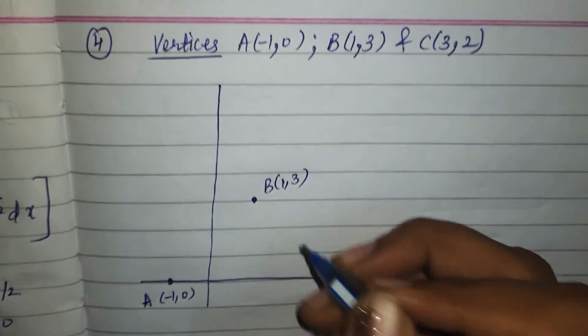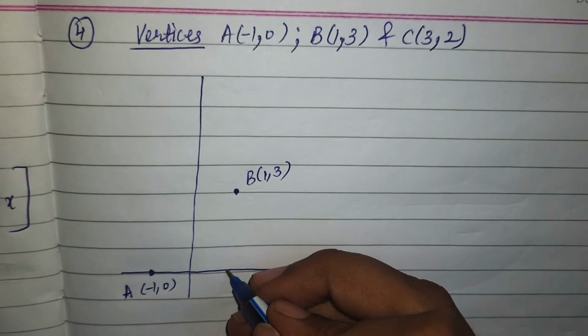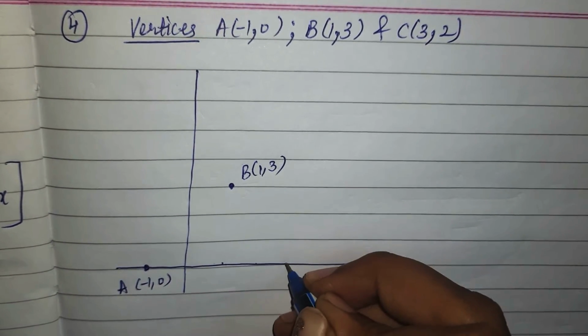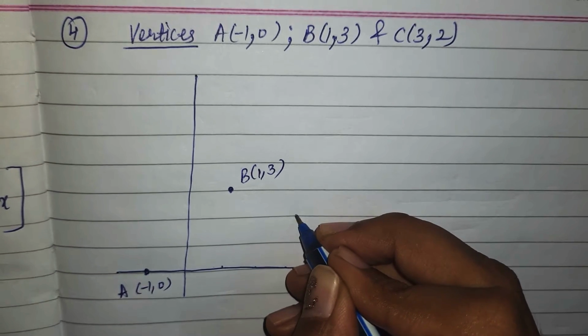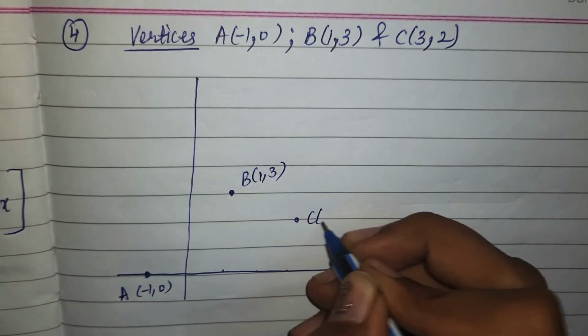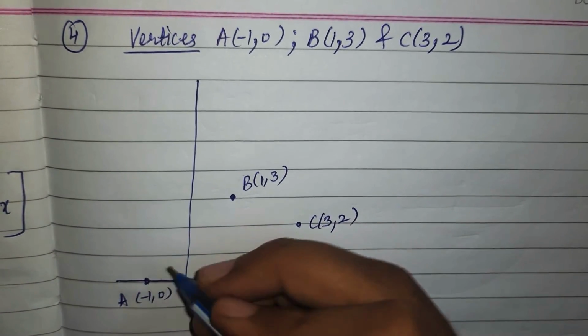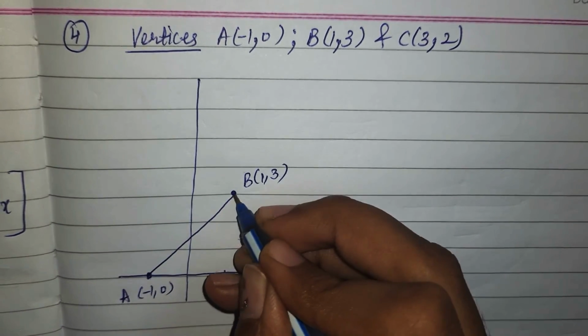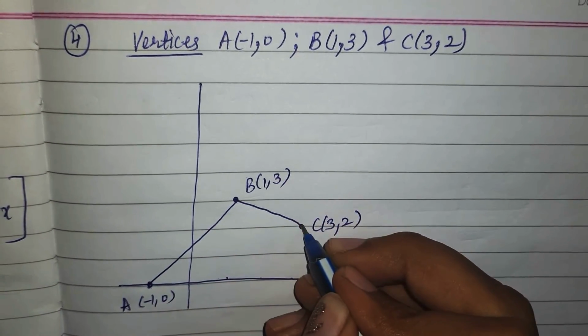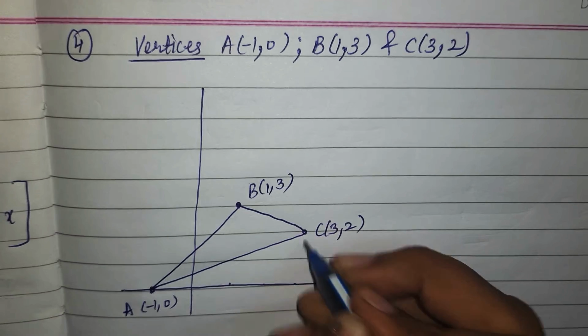And then we have C, 3, 2. This is 1, this is 2, this is 3. So 3, 2 will become this. So C is 3, 2. Now join the vertices with the scale, and you will get this triangle.